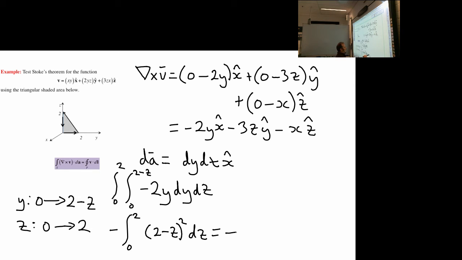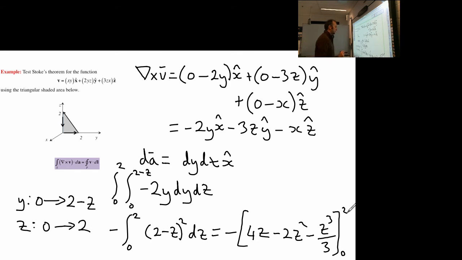And then we'll integrate with respect to z, and what we're going to get is 4z minus 2z squared minus z cubed all over 3 between 0 and 2.